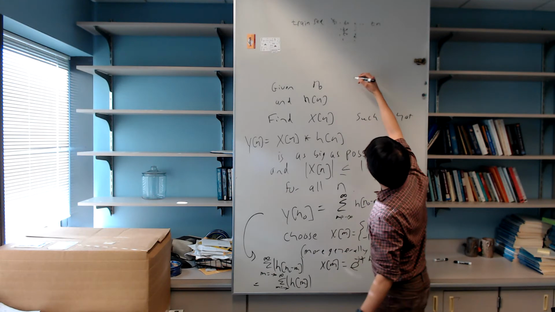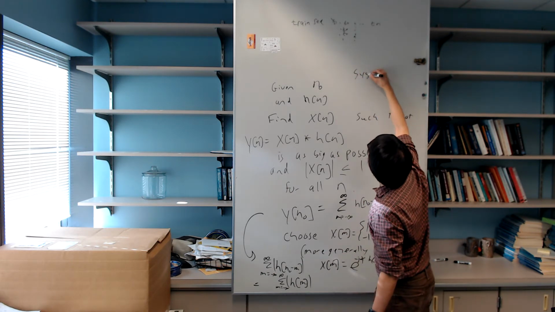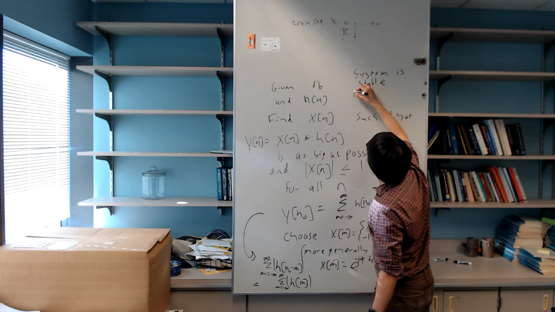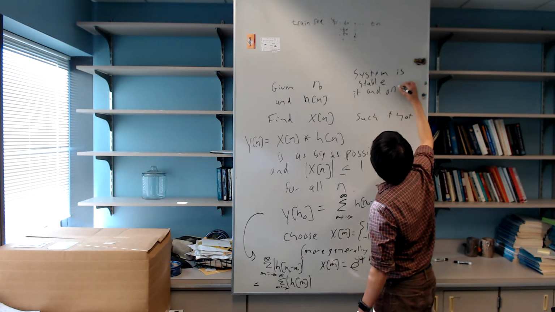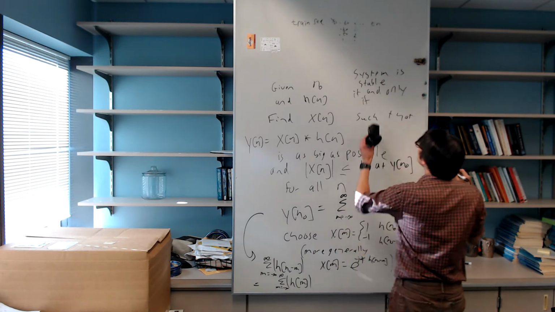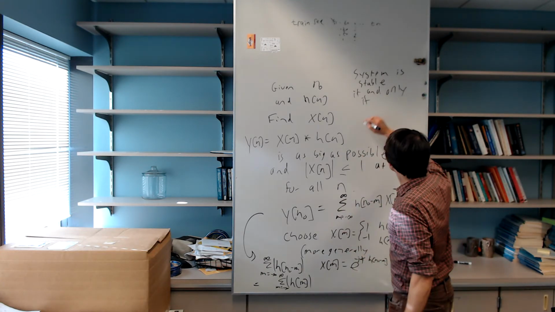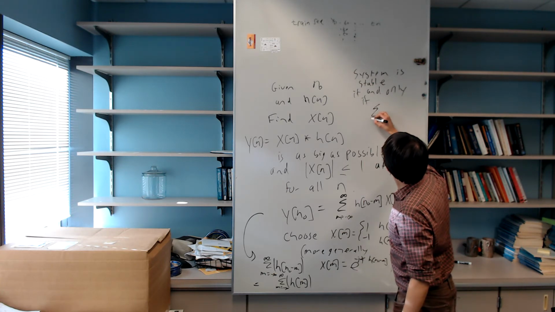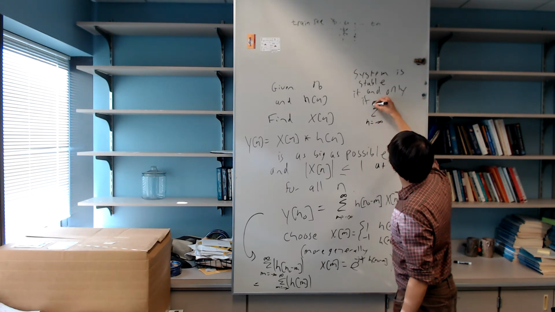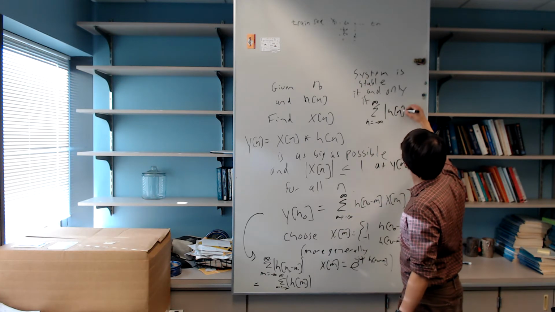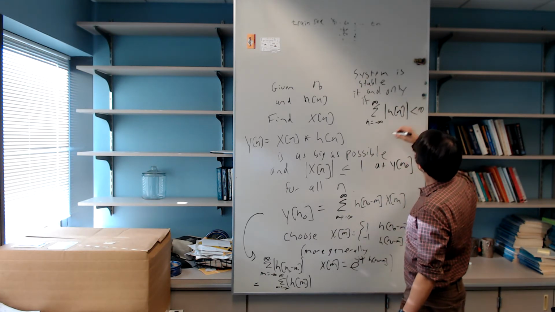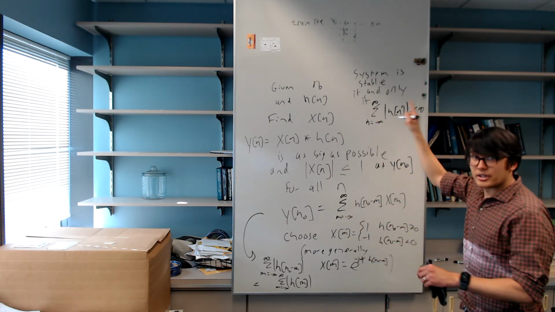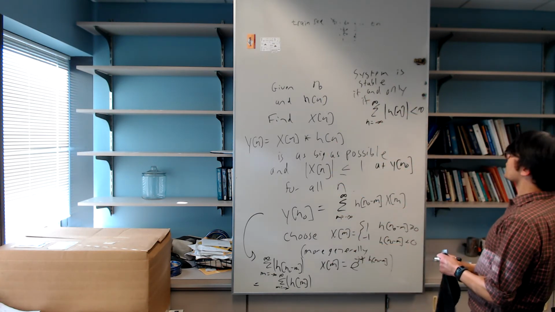What we've shown here is that a system is stable if and only if this thing is absolutely convergent, which is true if and only if the unit circle is in the region of convergence of that Z transform.